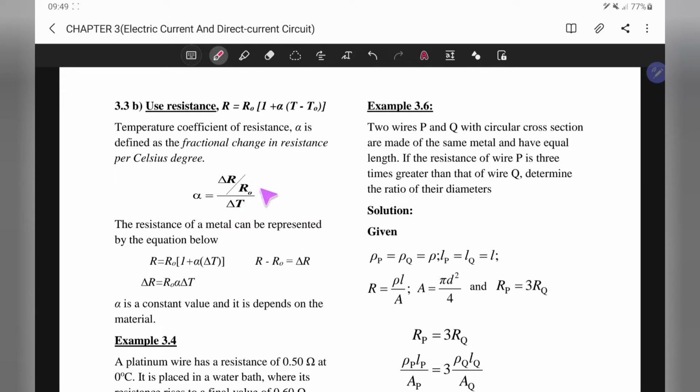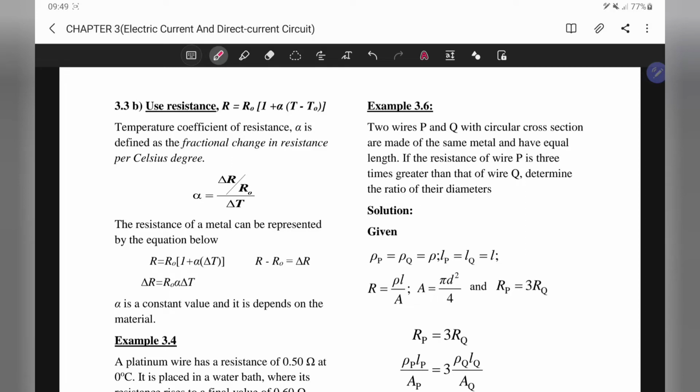The resistance of a metal can be represented by the equation below: R equals R naught (1 plus alpha delta T). So R minus R naught gives you delta R, as I told you before. By rearranging the equation and substituting, you will get delta R equals R naught alpha delta T. So that gives you this equation.